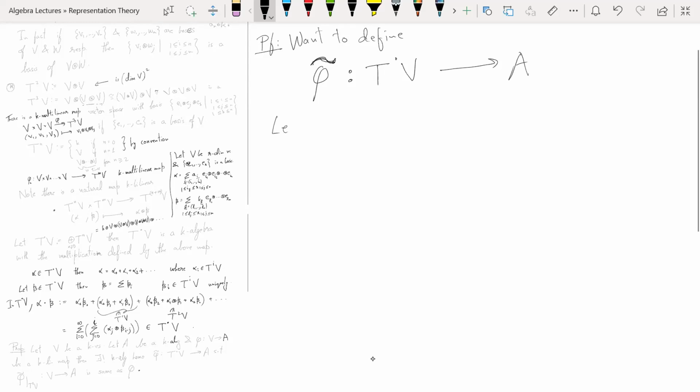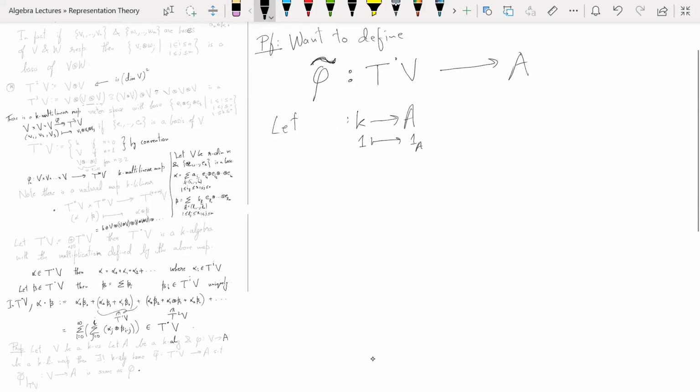K algebra means there is a map alpha from K to A, which makes A into a K module, where 1 will go to 1 of A. Let's not call it alpha because too many things are being called alpha.